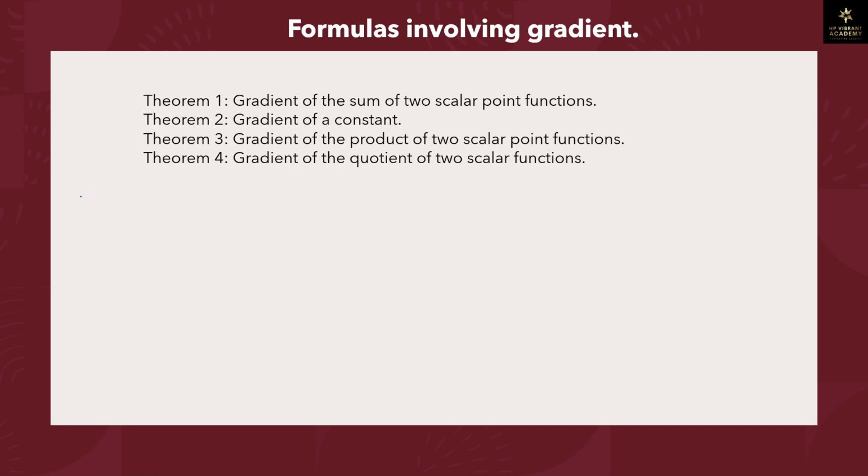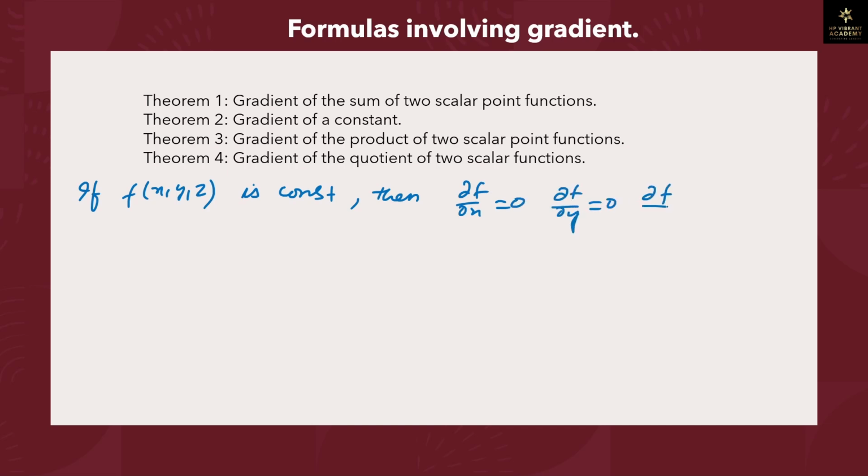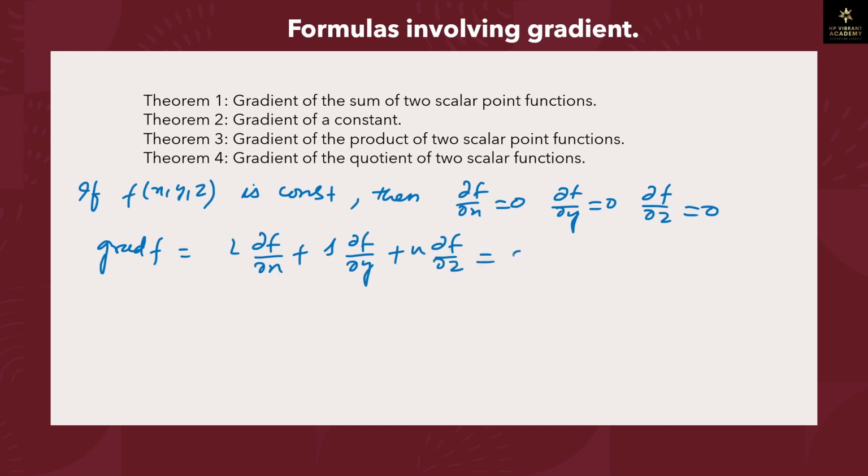So if f(x, y, z) is constant, then del f upon del x is equal to 0, del f upon del y is equal to 0, and del f upon del z is equal to 0. Then gradient of f is equal to i del f upon del x plus j del f upon del y plus k del f upon del z, which is 0 i cap plus 0 j cap plus 0 k cap.